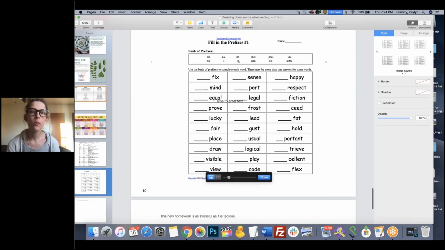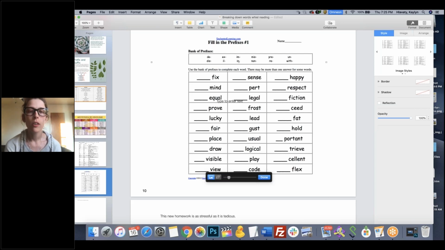And so for these ones, we're filling in the blanks here, and you can go right along with me as another overview. For these, we're going to start with fix. See here, the bank of prefixes: D, E, E, X, I, M, M, I, S, etc. From this bank, we want to see what prefixes would be best used to complete each word.